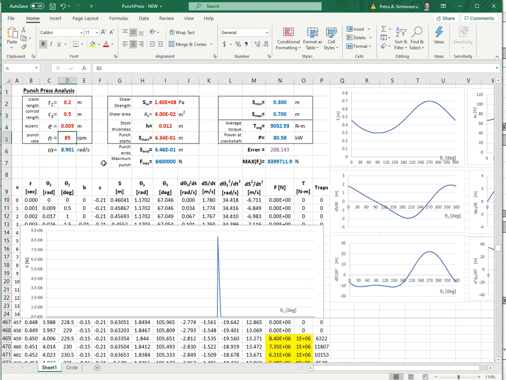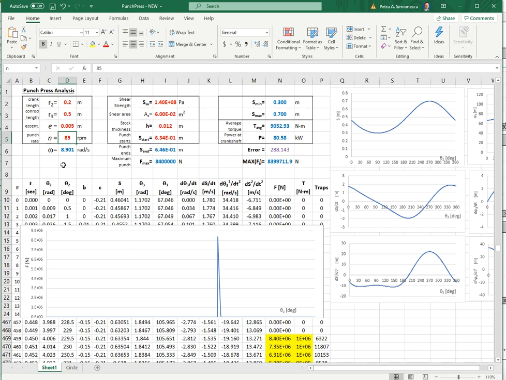There are different values than in the sample problem, although I could customize it quickly. I have the shear strength, ultimate shear strength of the material, shear area, stock thickness, and when the punch starts. This is not given in terms of theta, but rather is given in terms of S.